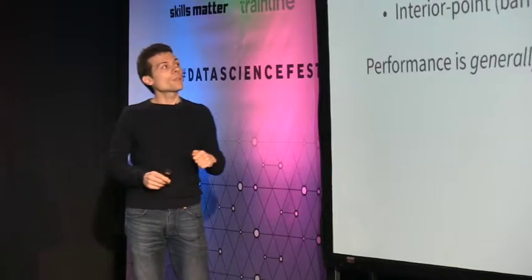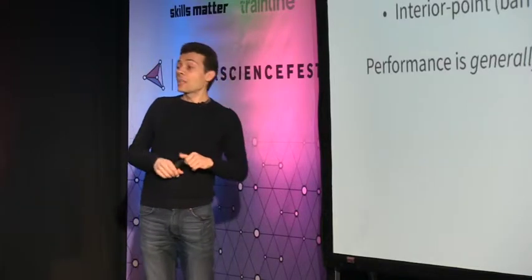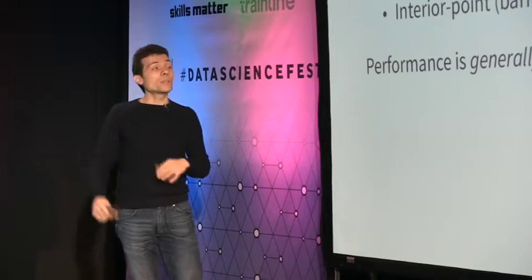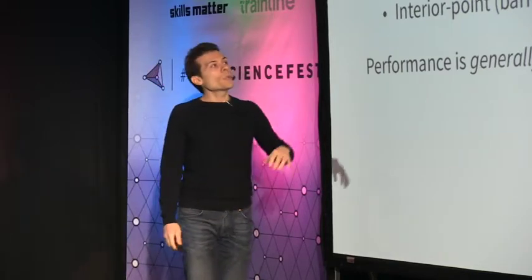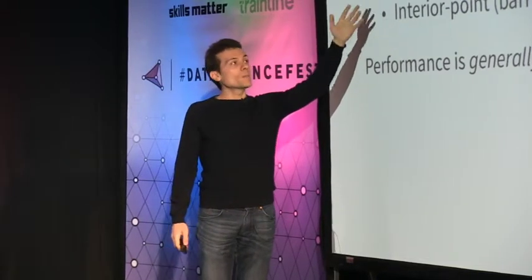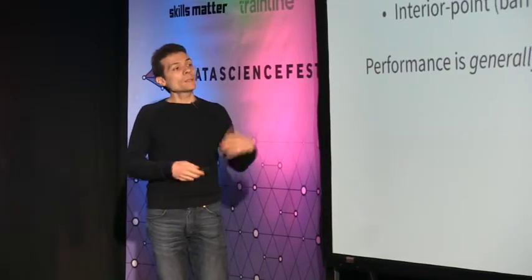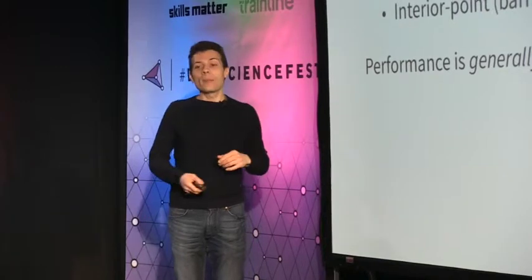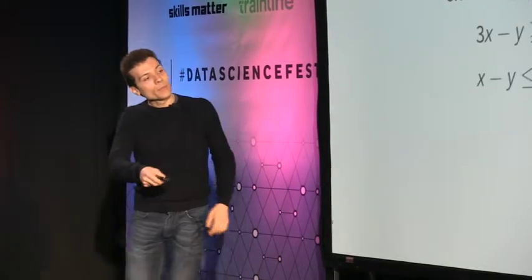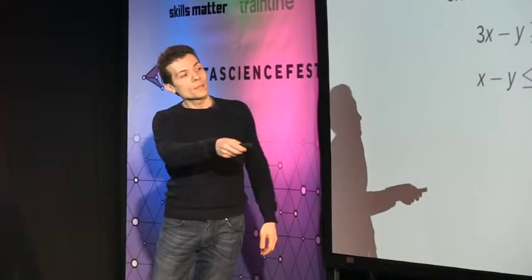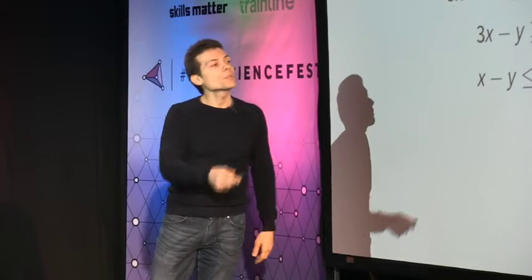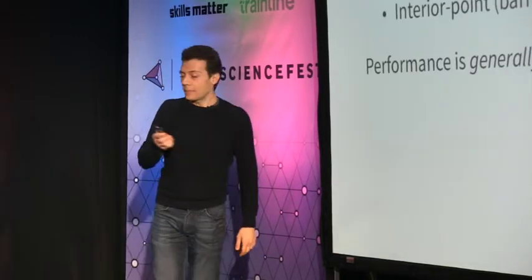So in general, the algorithm is not theoretically very efficient, but in practice it is. It is incredibly efficient. So you can solve very big problems with thousands of variables very quickly. And the same goes for interior point methods, which instead travel inside this region, hence the name interior point. So that's our first example.